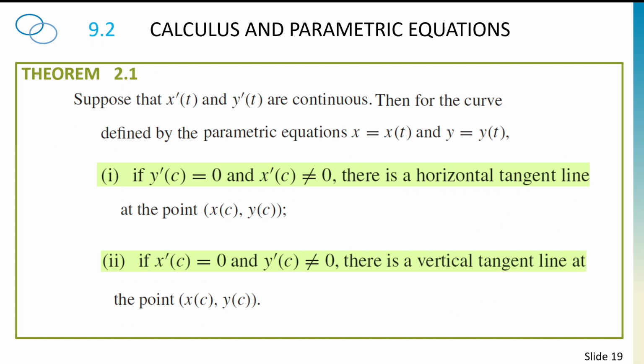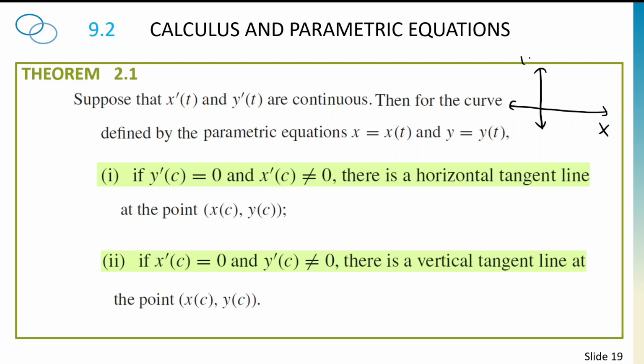Now, since we're talking about the vertical tangent and horizontal tangent, is there any way to check whether we have a vertical tangent or horizontal tangent? Yes. Remember, any horizontal line, this is basic knowledge, it's not only about the tangent line.